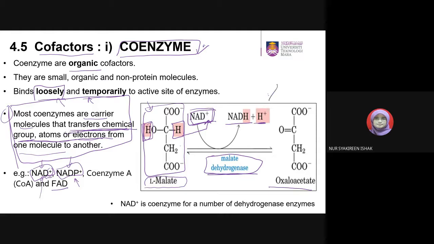So the reaction you see here is one of the reactions involved in cellular respiration. Later we are going to look at how cellular respiration has several stages.